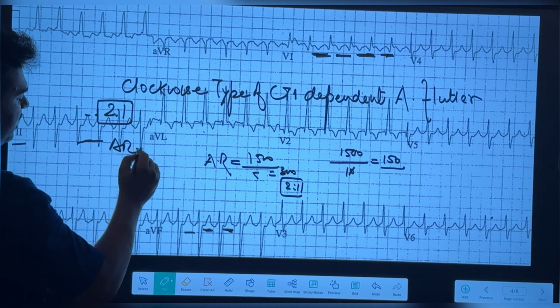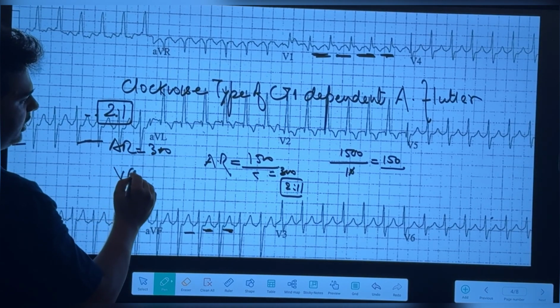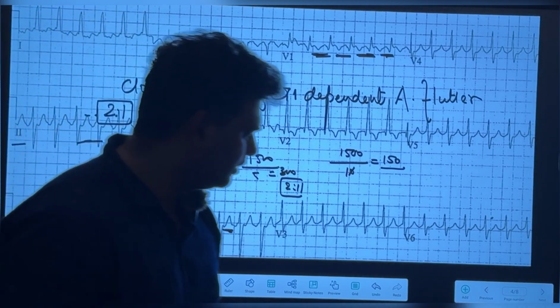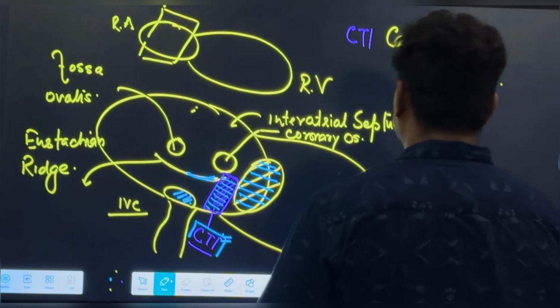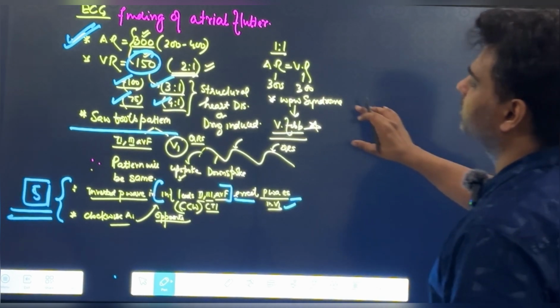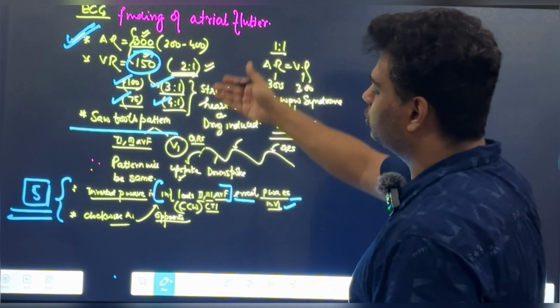Atrial rate of 300 and ventricular rate of 150. So you have to see this thing, okay? You have to remember this finding. You have to go through this.